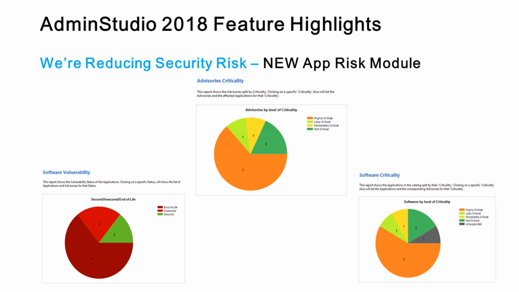Here are a couple of screenshots of the different vulnerability reports that show up. We can show you by criticality. And we've got Mike to take you through a demo of this in a minute, and you'll be able to see it much better than here.